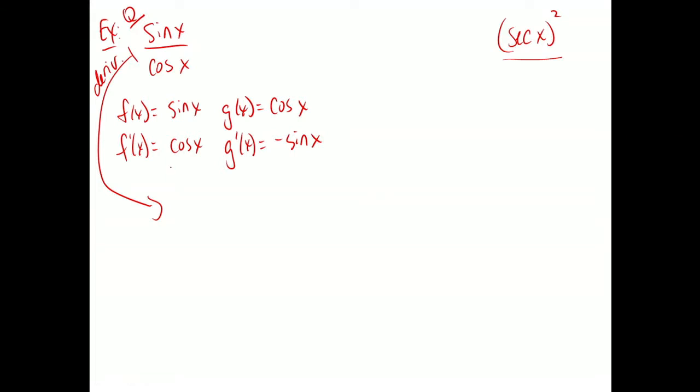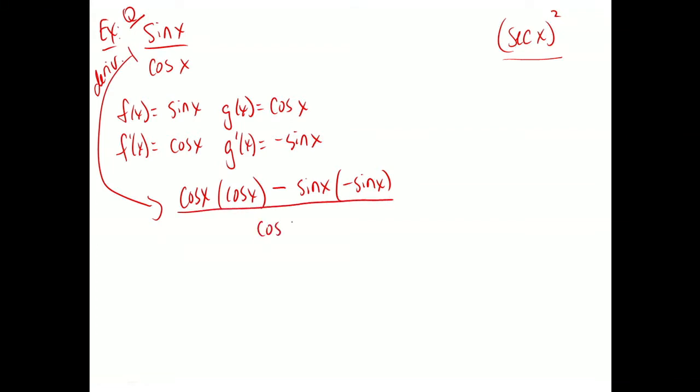So the quotient rule says the derivative of this should be g, so that's cosine, times f prime, which is also cosine, minus f, which is sine, times g prime, which is negative sine, all over the bottom squared.